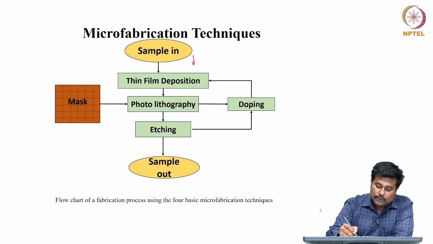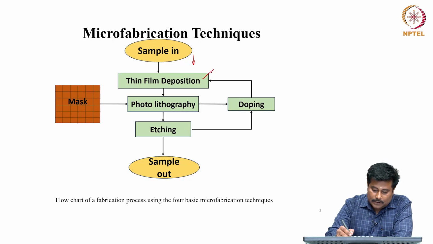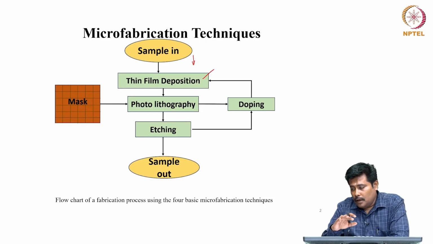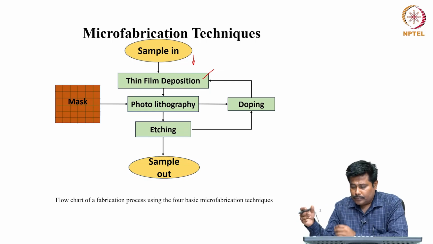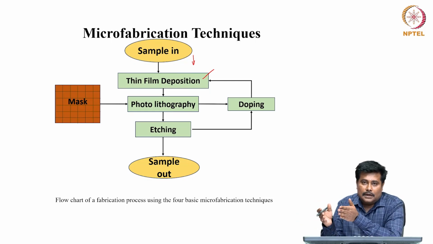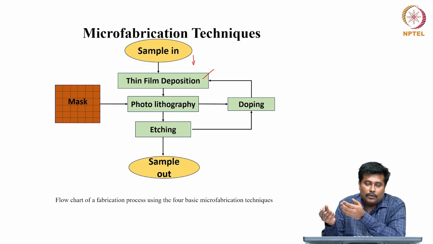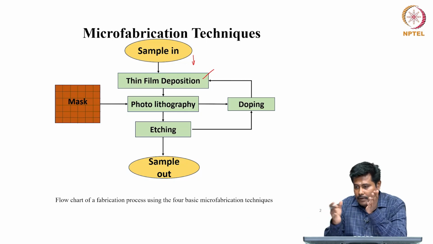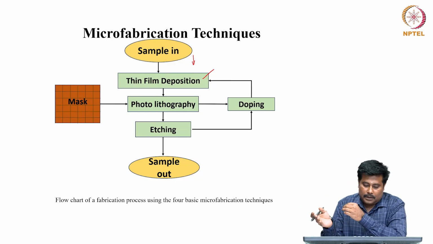Within this sample, there is a thin film deposition, followed by either photolithography, in case we are working in a domain which is less than a few microns, or in certain cases we do not use photolithography, and we go directly for a wider spectrum where we are working in the range of 1 micrometer, etc.